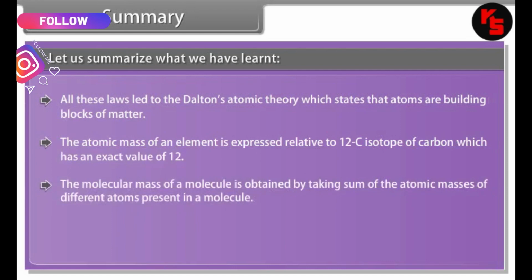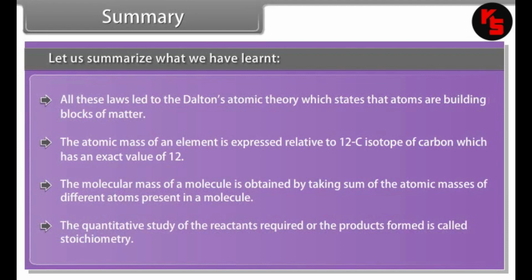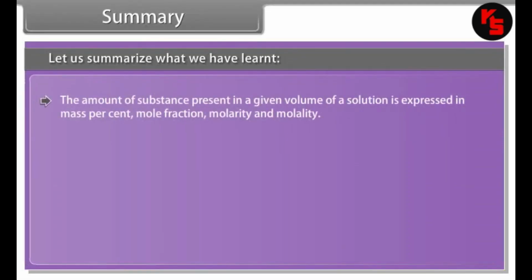The molecular mass of a molecule is obtained by taking the sum of the atomic masses of different atoms present in a molecule. The quantitative study of the reactants required or the products formed is called stoichiometry. The amount of substance present in a given volume of a solution is expressed in mass percent, mole fraction, molarity and molality.